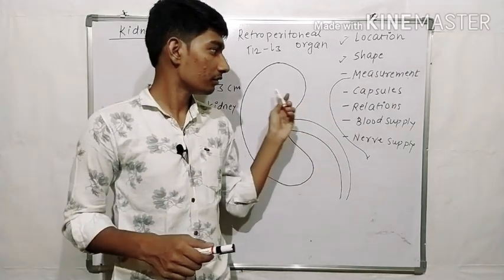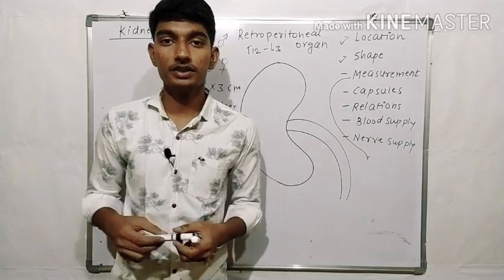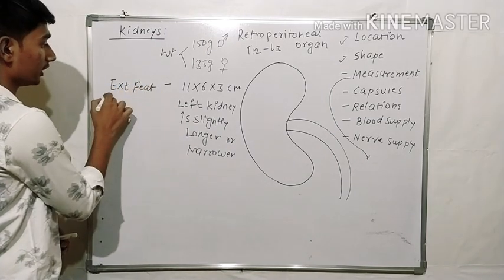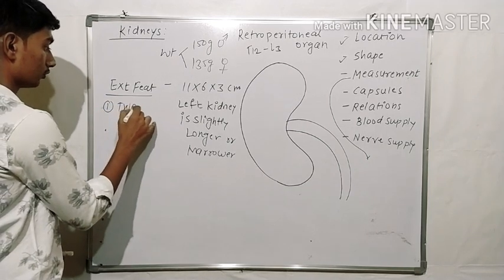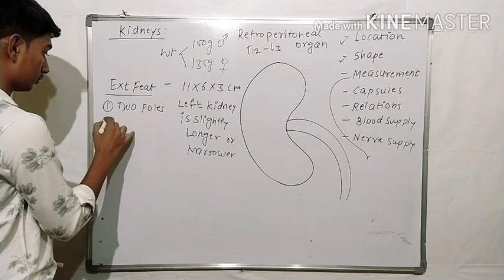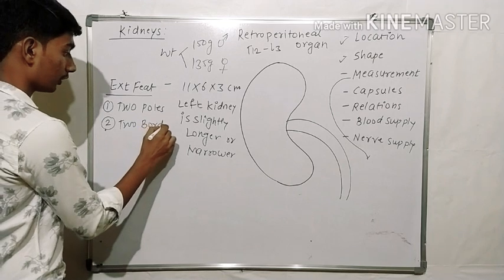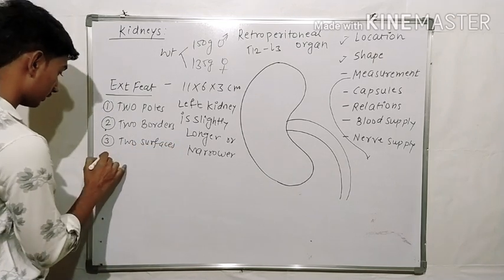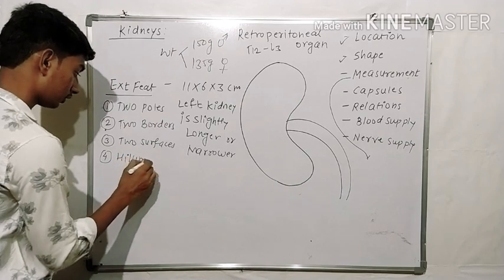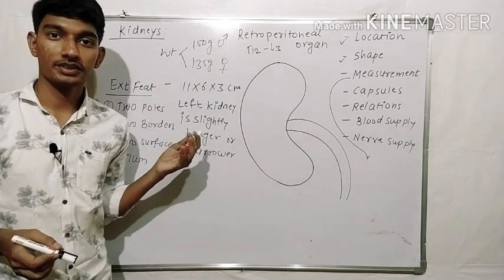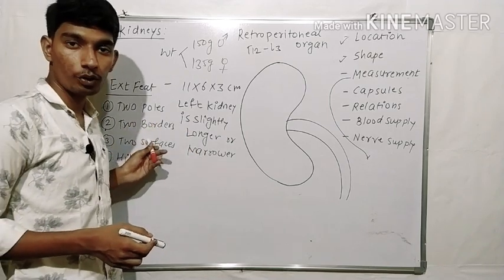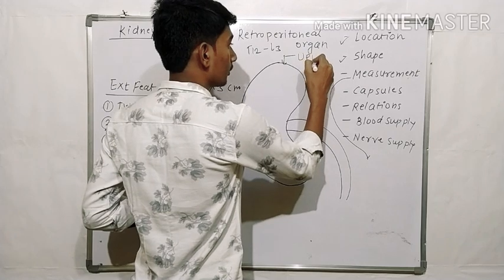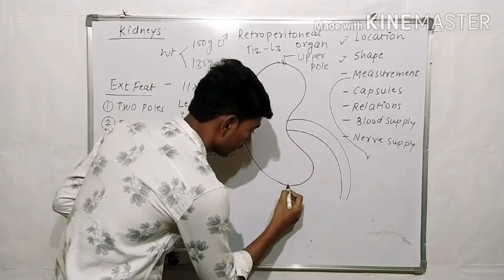Before studying the capsule, we will study the external features of the kidney. In the external features of the kidney, we have two poles, two borders, two surfaces, and the hilum. The two poles are the upper pole and the lower pole.